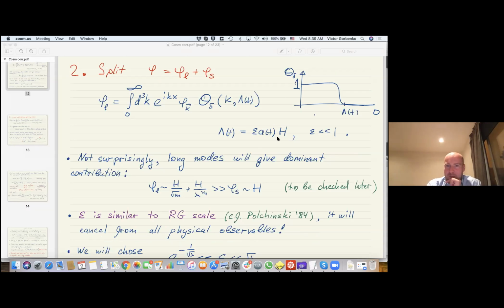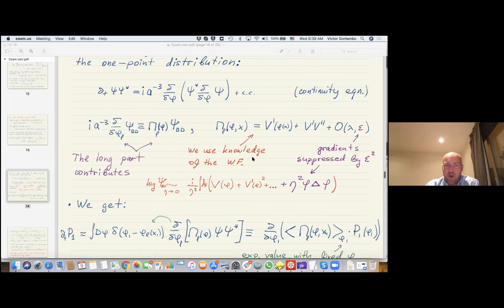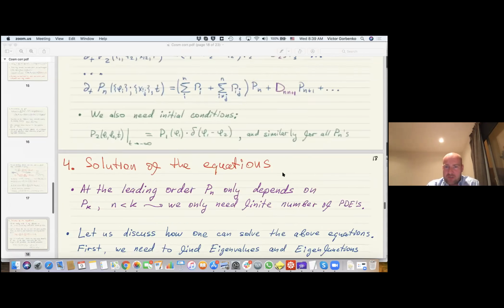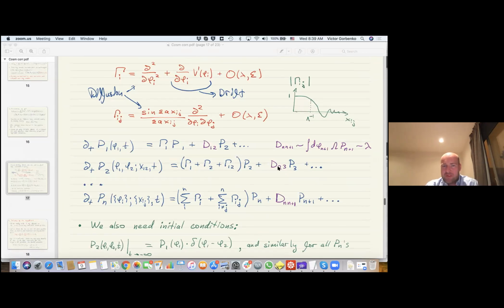Yes, there are interesting physical effects that happen around the cutoff surface. Basically, there are terms in these equations that couple different points and depend on the details of how we do the cutoff.